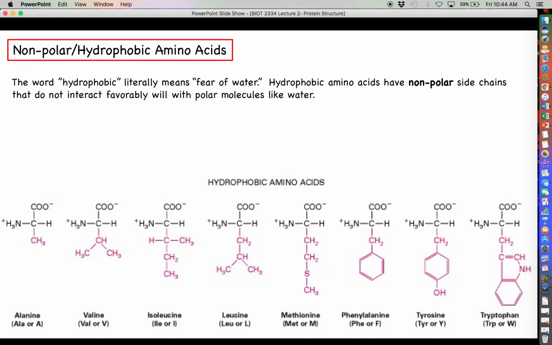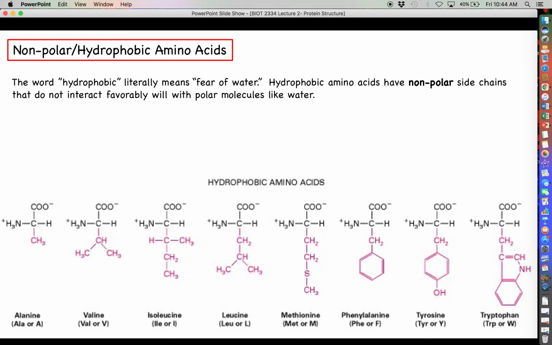Those words that we just introduced, hydrophobic and hydrophilic, you can probably work out what those words mean, right? So let's start with the word hydrophobic. Hydrophobic literally means fear of water. Hydro, the prefix referring to water, and phobic or phobia referring to a fear of something. So if you've got an amino acid with a hydrophobic side chain, it means that that side chain isn't really going to want to interact with polar molecules like water.